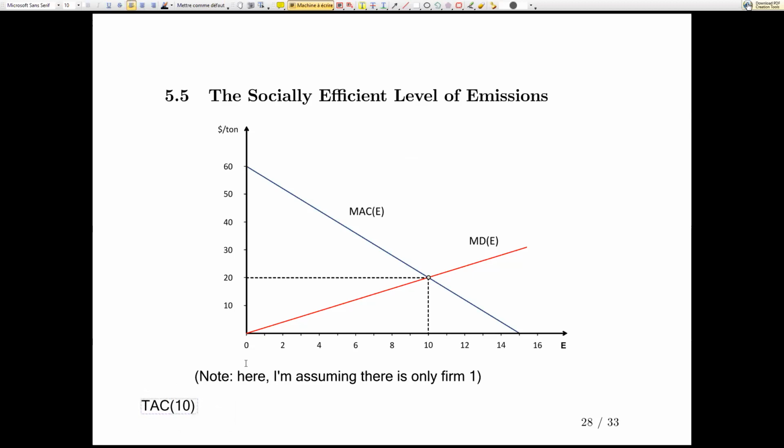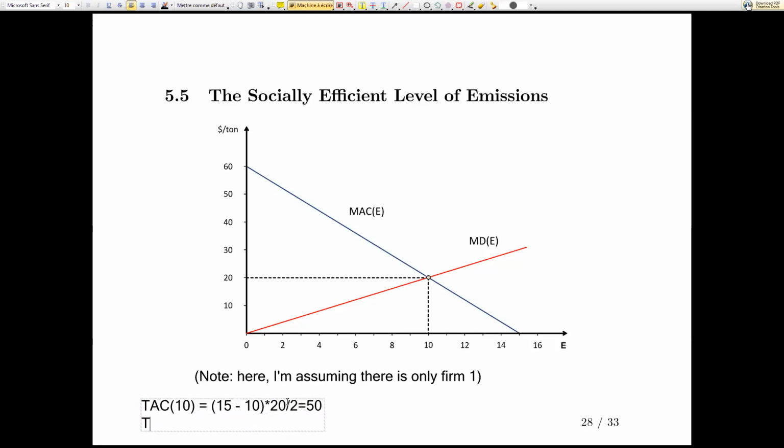Here you have to make sure that you don't compute from here to here, because we start abating from 15, right? So that's equal to 15 minus 10 times the height of the triangle, which is 20, divided by 2. So you get 5 times 10, so 50.